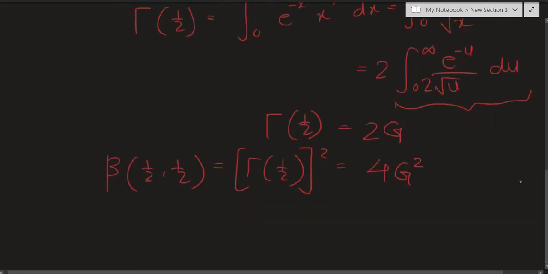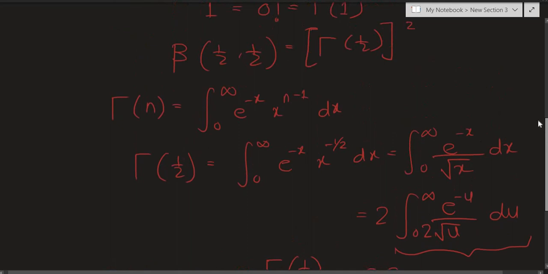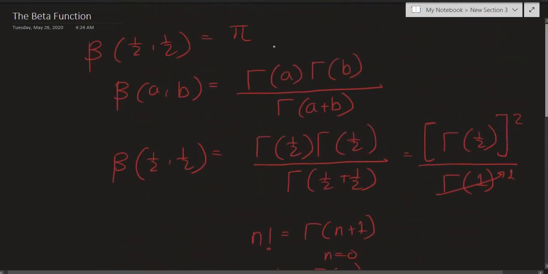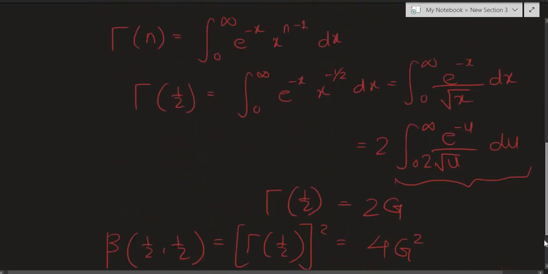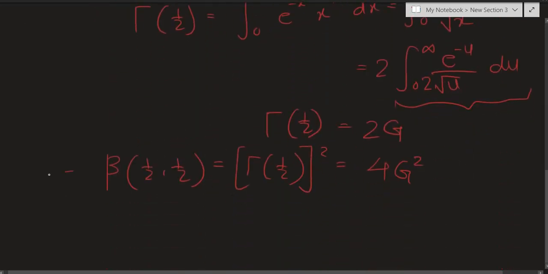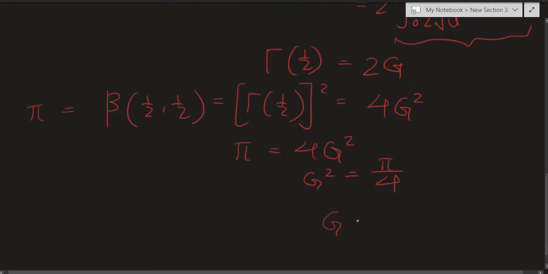But what is our beta of 1/2 comma 1/2 equal to? We just computed that it's equal to pi. So basically 4g squared is equal to pi. Pi equals 4g squared, g squared equals pi over 4, and g equals square root of pi over 2.